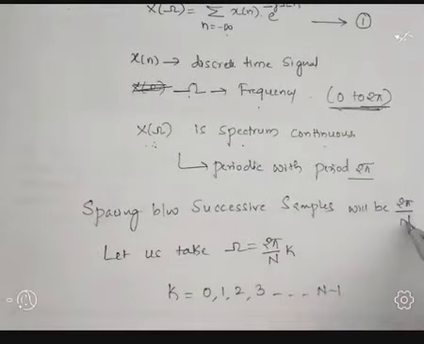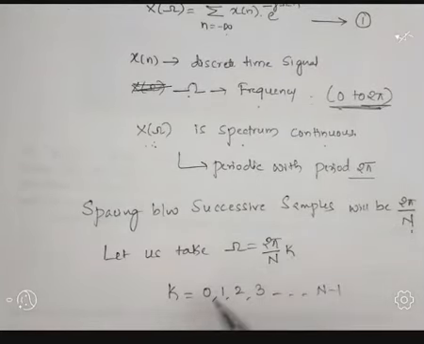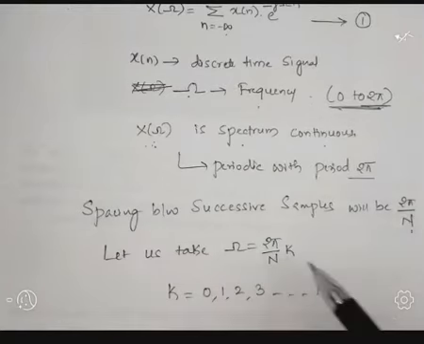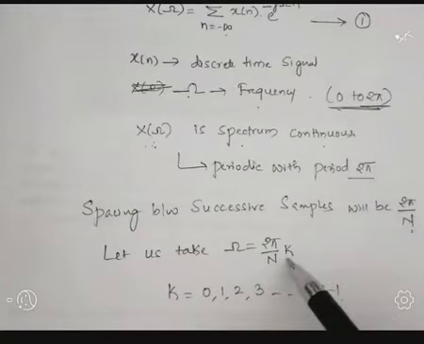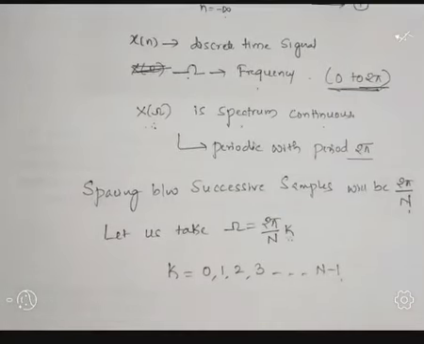Because we sample the spectrum by N samples. If you substitute 0, the first point is 0. If you substitute 1, we get 2 pi by N. Next one, 4 pi by N, like that. We'll take one example to get a clear idea.